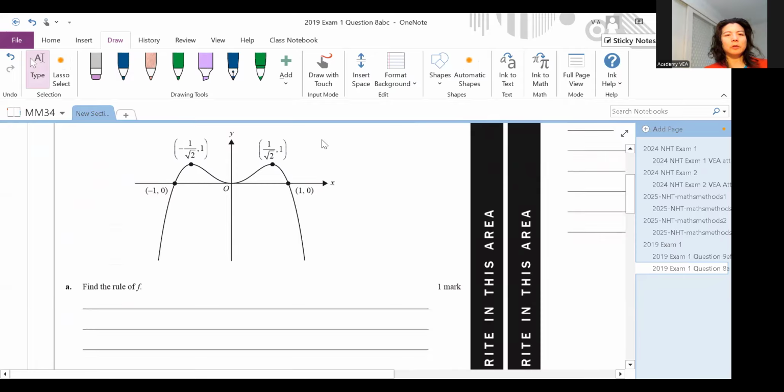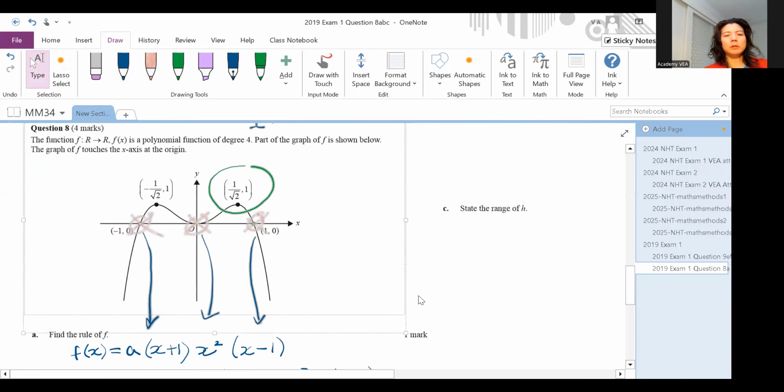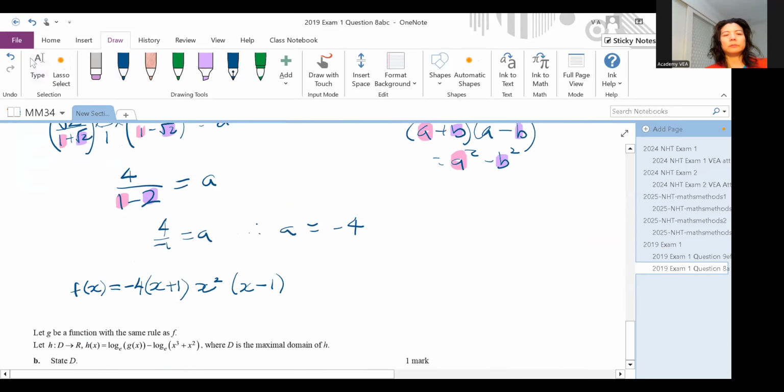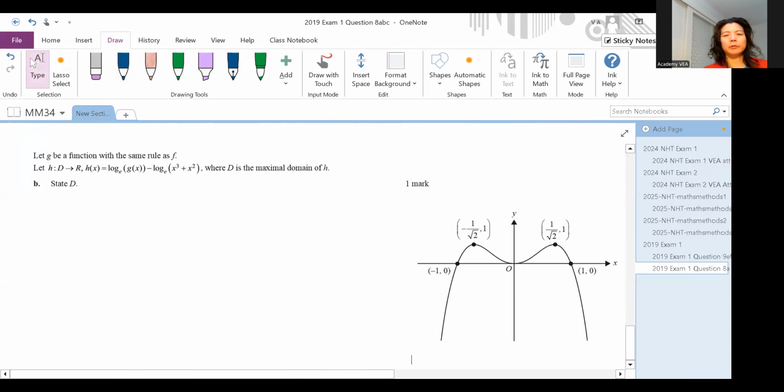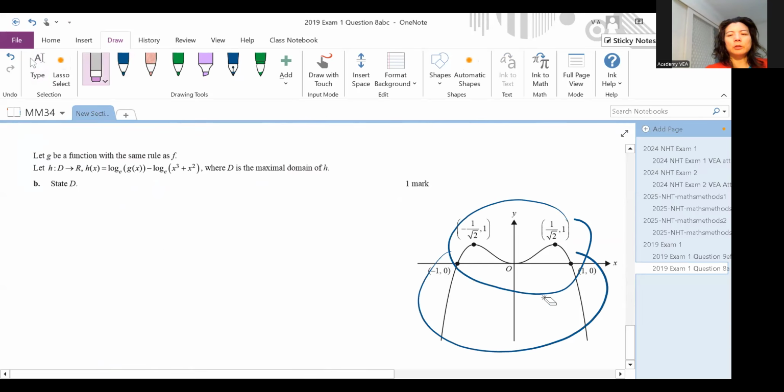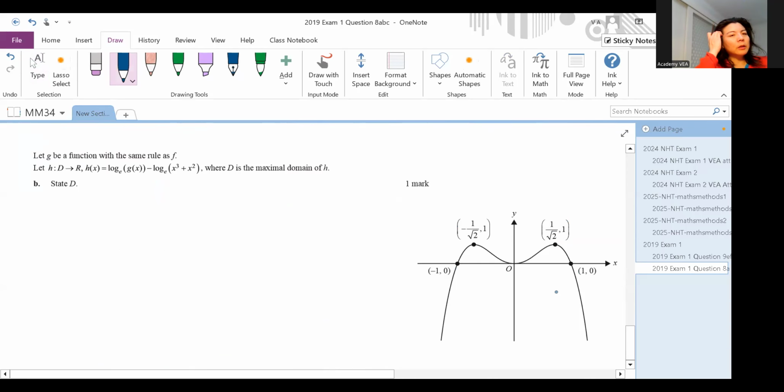Yes, I'll take a screenshot of this part. I'll put it over here as a side reference. And so h is the log of this particular function, and then you've got another log function tacked onto it.